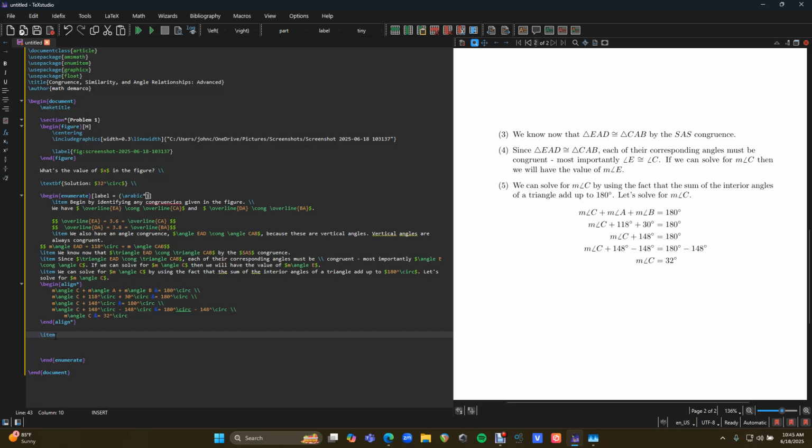So we have the measure of angle C is 32, since the measure of angle C is equal to 32 degrees.